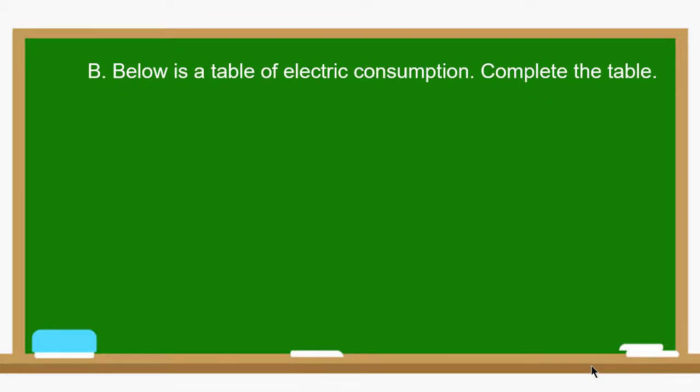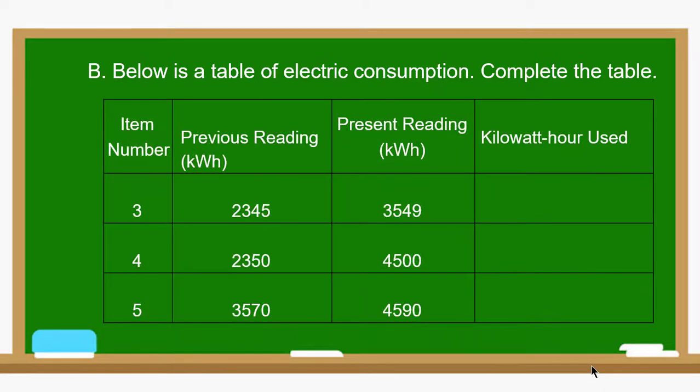Letter B. Below is a table of electric consumption. Complete the table. So number 3, the previous reading in kilowatt hour 2,345 and the present reading 3,549 kilowatt hour.